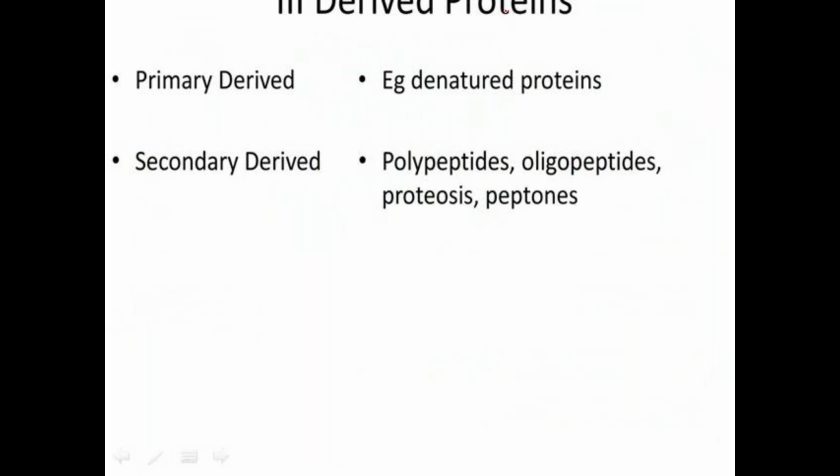The denaturing of proteins gives rise to different types of peptides, polypeptides, oligopeptides, peptones. And during the degradation of these proteins, the secondary derived proteins are formed, mainly polypeptides, oligopeptides, peptones.